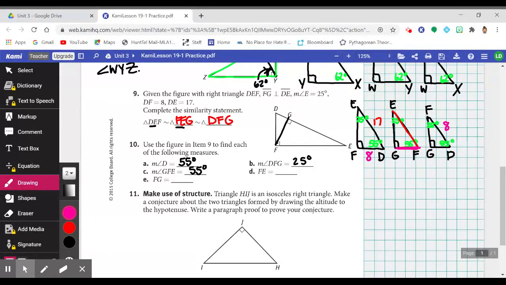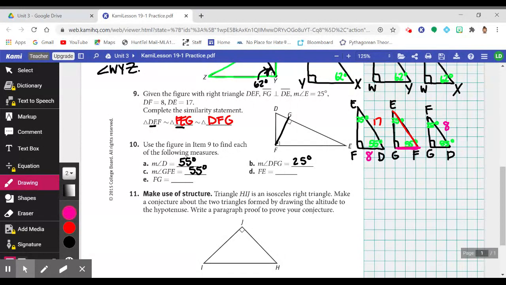So let's tackle this a little bit differently. Let's see if there's any other information we're actually missing here. So the interesting thing about this problem is that the two sides that we're looking for technically on the medium triangle correspond to these two sides here, but again, we would have two missing values in our proportion.